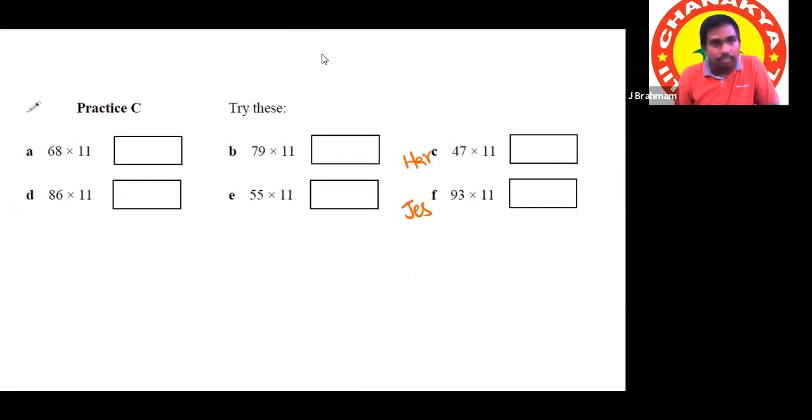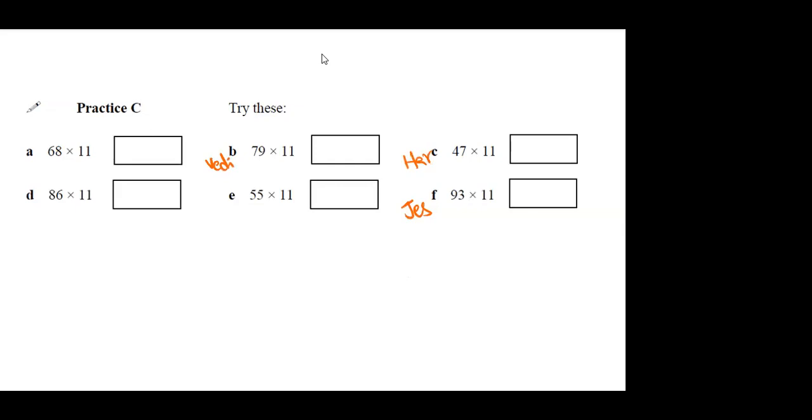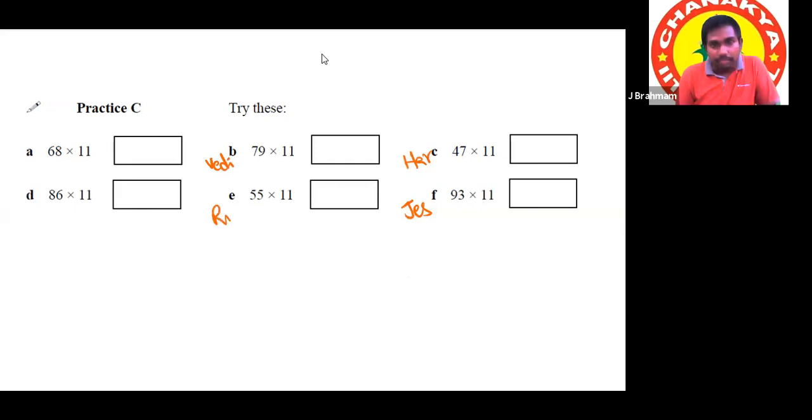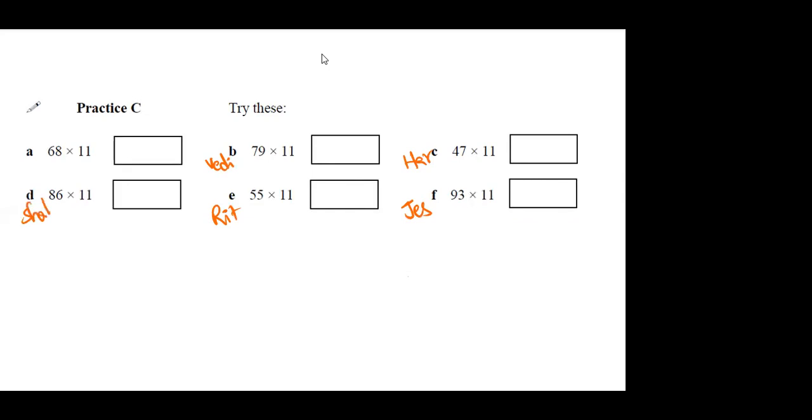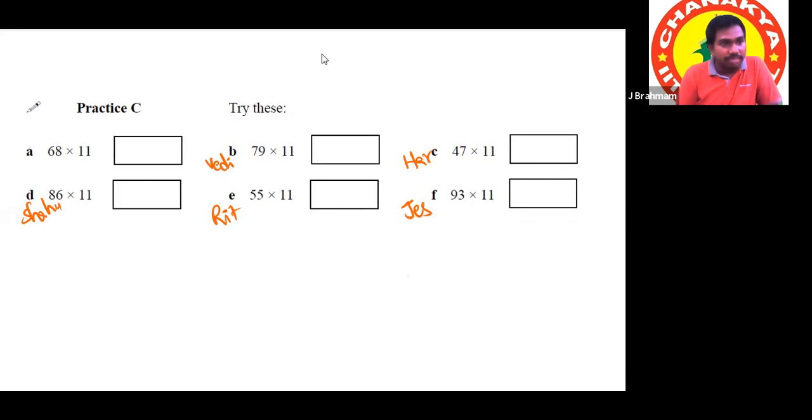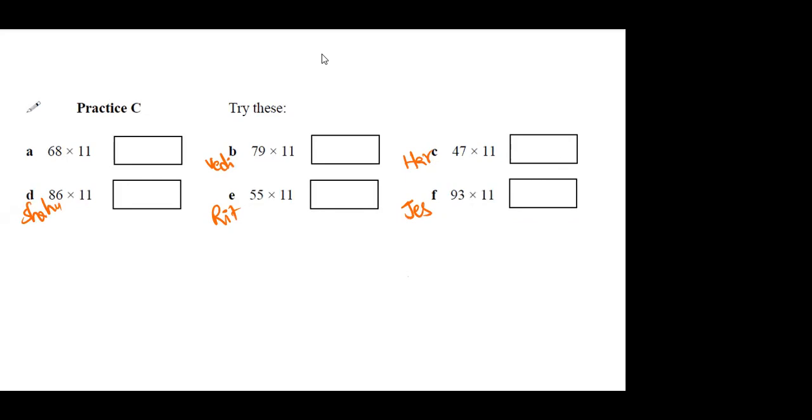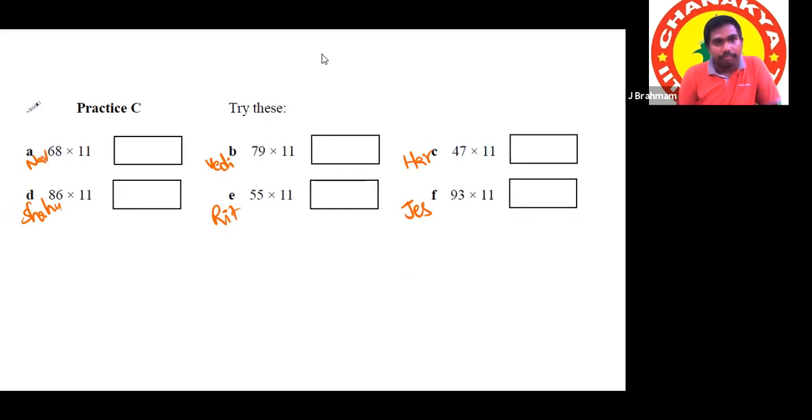B. Vedika. E. Ritvik. D. Shahu, means me. Okay. C. Zoya. C is already over. Only A is remaining. Just tell A. Okay, sir. A is Navya. Navya. Okay.